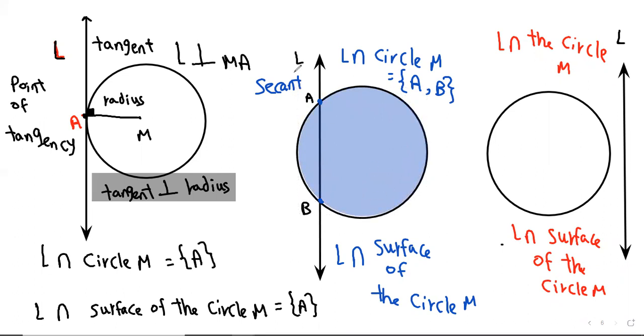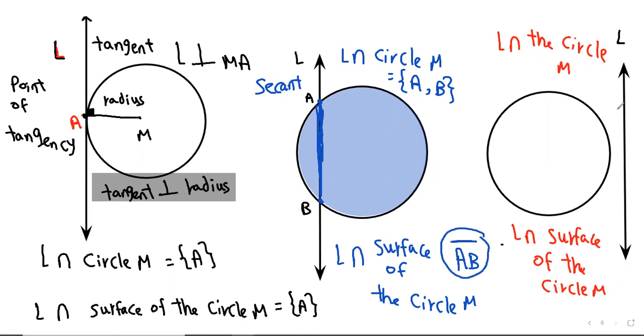So as you see here, the straight line L intersects the surface of the circle at line segment AB. So the straight line L intersects the surface of the circle M at the line segment AB.